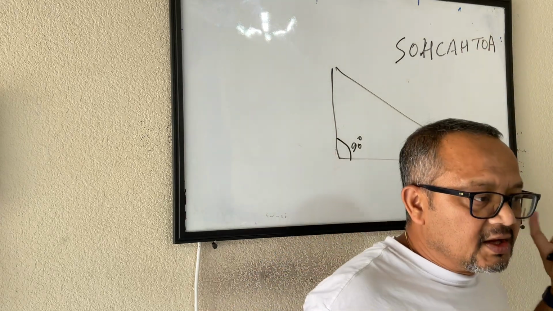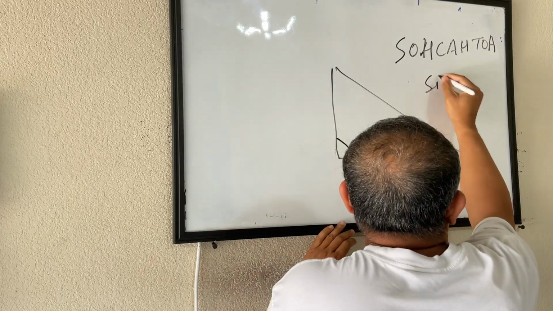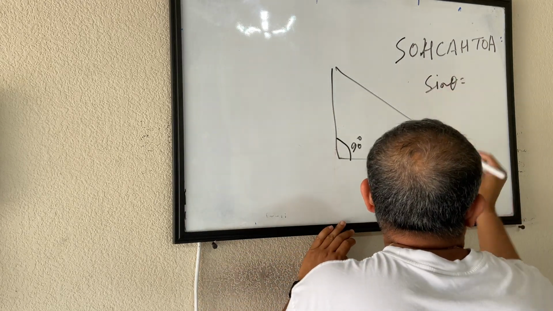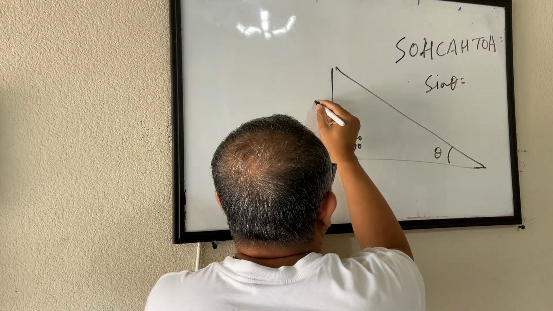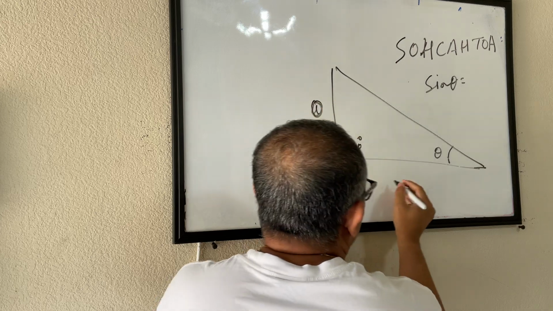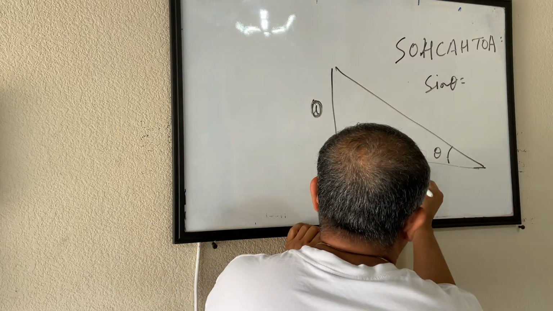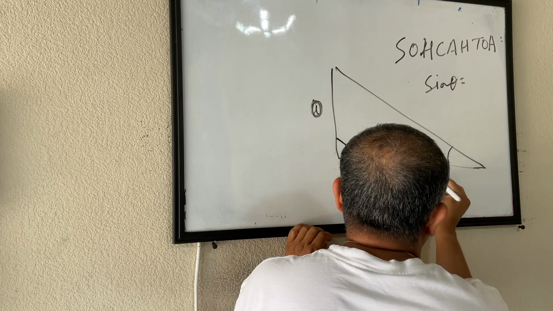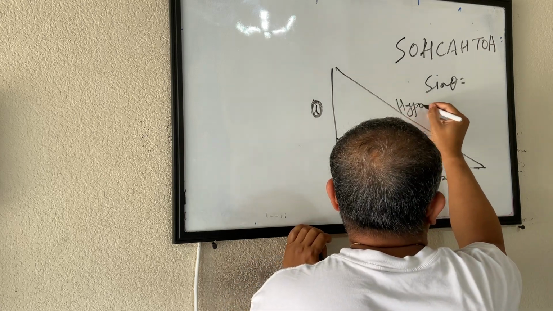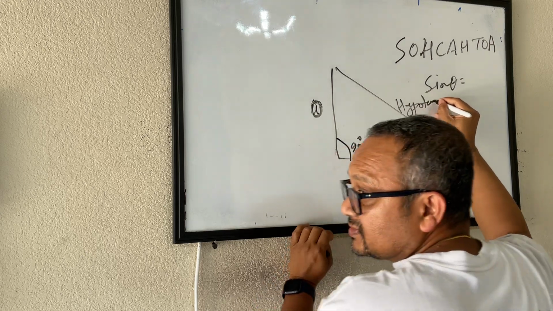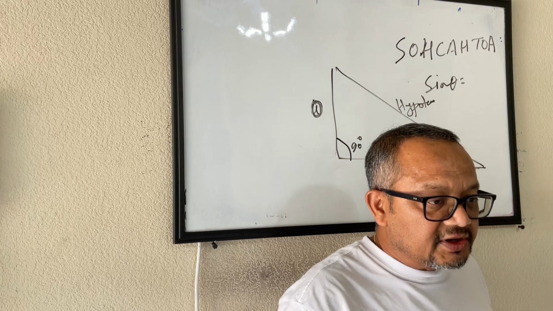If you have this angle as theta, this is the opposite side and this is the adjacent side. And this is the hypotenuse. Okay? So you guys already know this, right? I'm not telling you guys anything new.